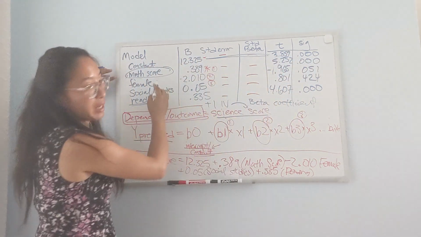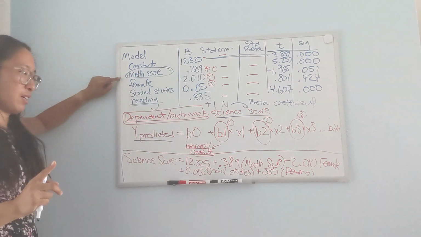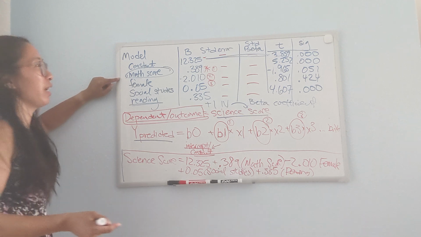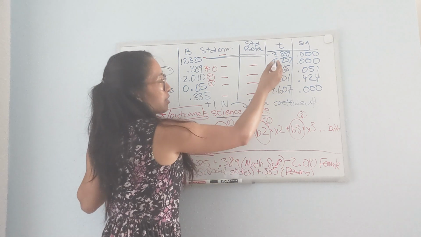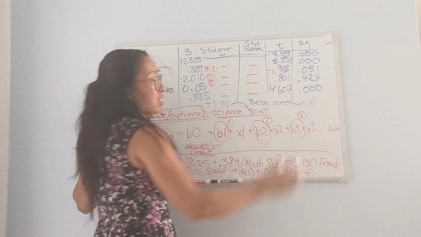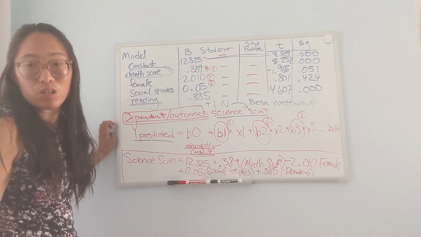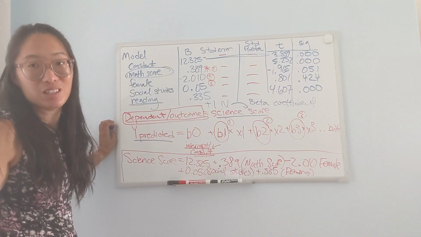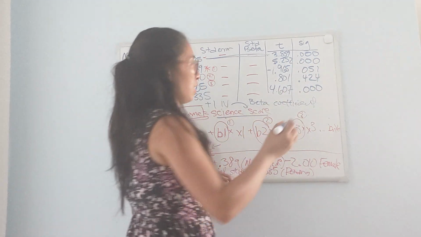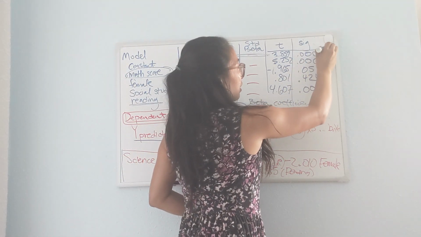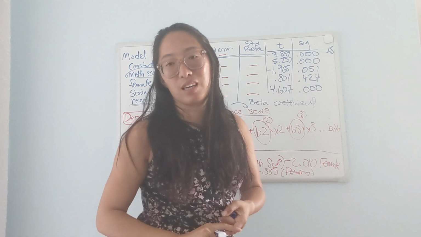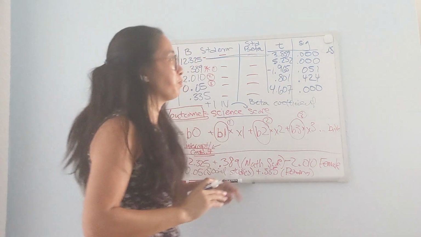I'm just interested in my beta coefficients. I'm interested in, is math score really a good predictor of science score? What we find is that the t-statistic is 5.252, and that is very significant, right? The p-value is 0.000. What you're looking for is a significance level that's lower than 0.05 to say that it is significant. So that's what we use, okay?